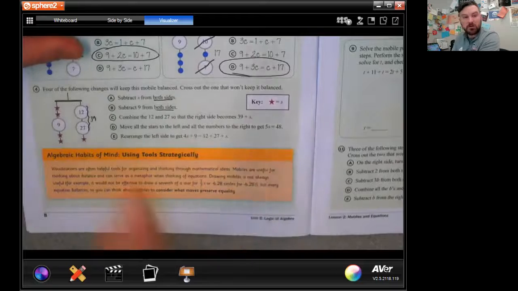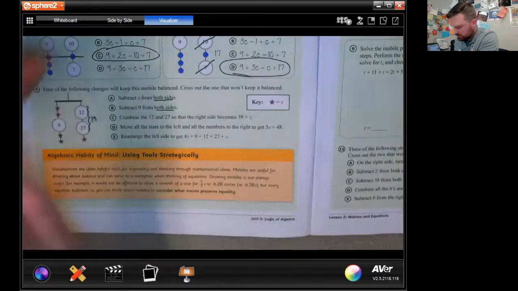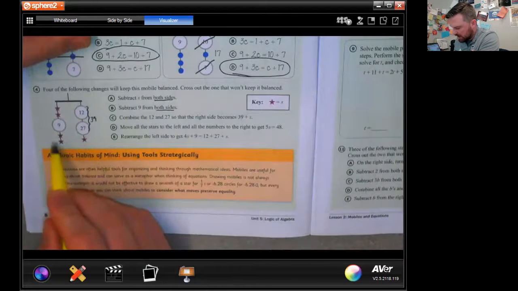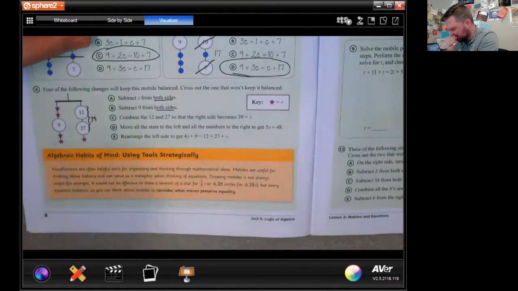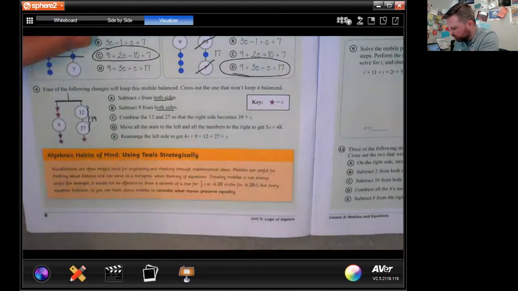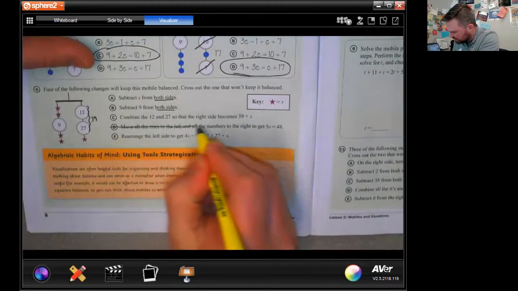Now you can move all the stars to the left and all the numbers to the right, but it's not adding. If I take this and move it from the right to the left, I don't add it over here. I have to subtract it from this side and subtract it from that side. So we can't just move them without changing something. So this one does not work at all.